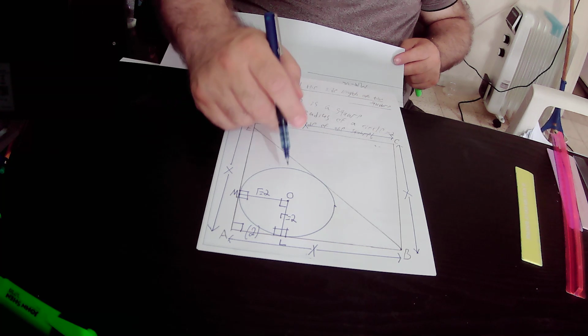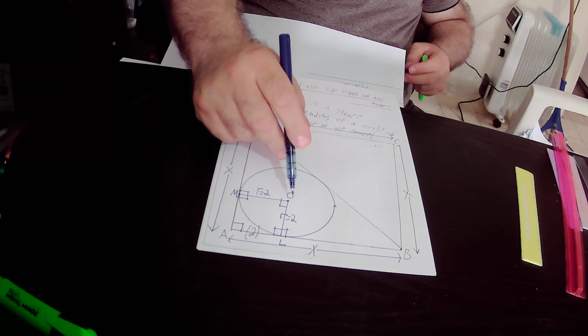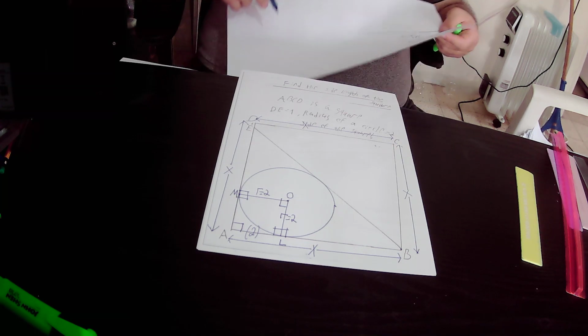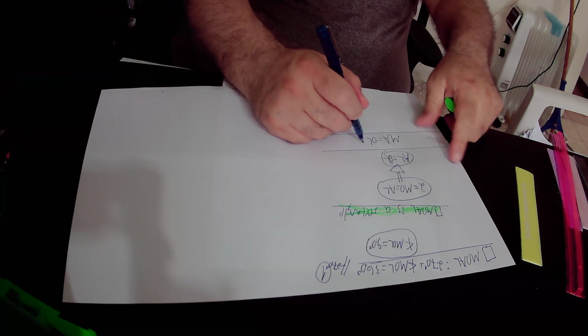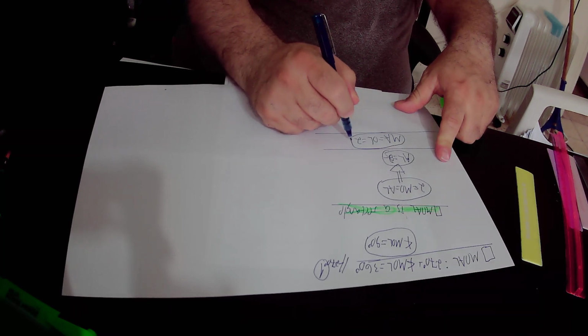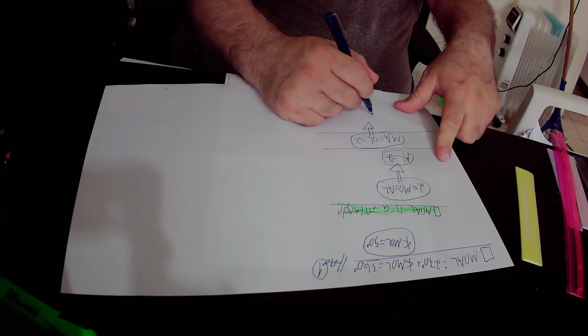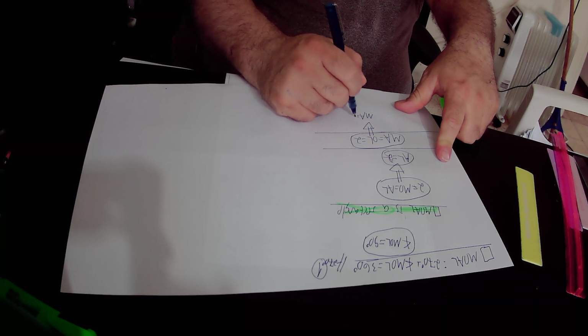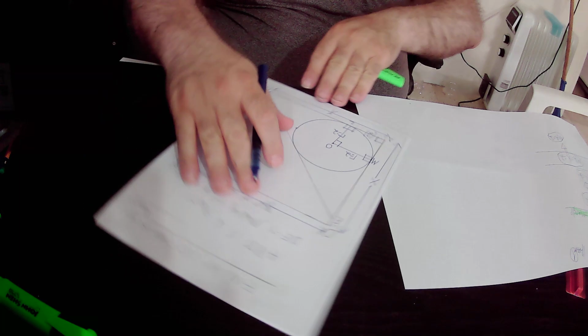So MA equals OL, but OL equals 2 units according to what we already found out. It is the radius of the circle. So we can write here that OL equals 2 units. And from this equation, MA equals OL equals 2, we derive that MA also equals 2 units. So we can write here that MA equals 2 units.